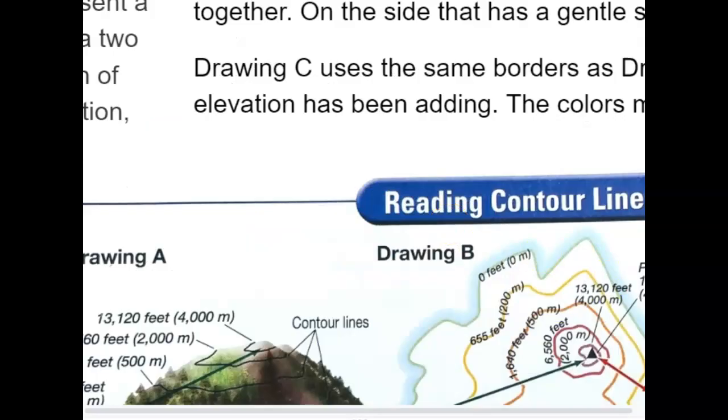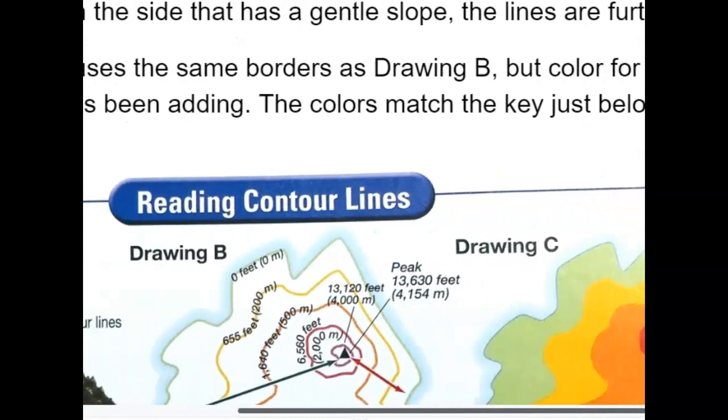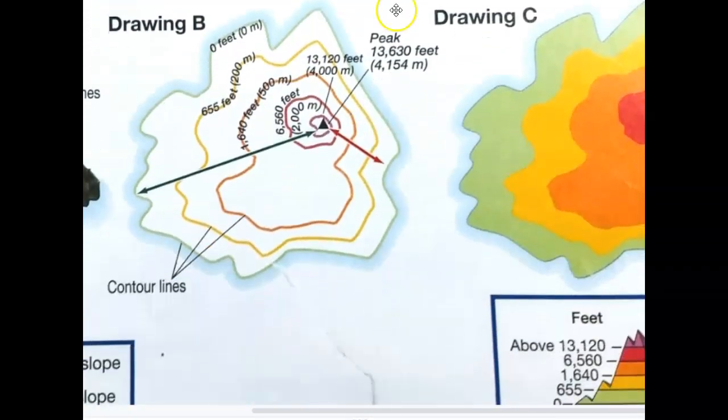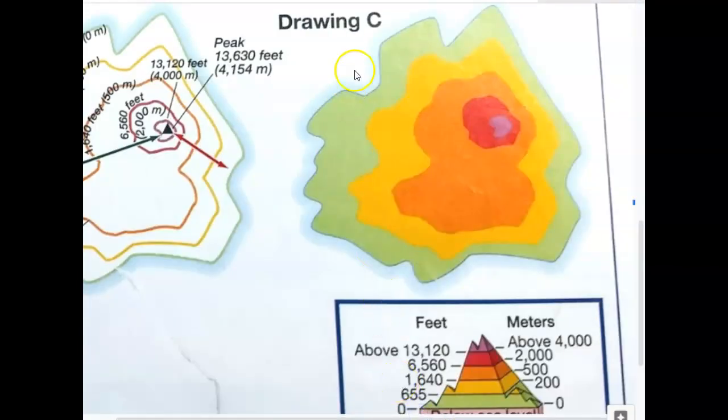As we look closer at drawing C, we can see that above 4,000 is purple, above 2,000 but less than 4,000 is red, above 500 but less than 2,000 is orange, and then 200 to 500, that's where your yellow is.